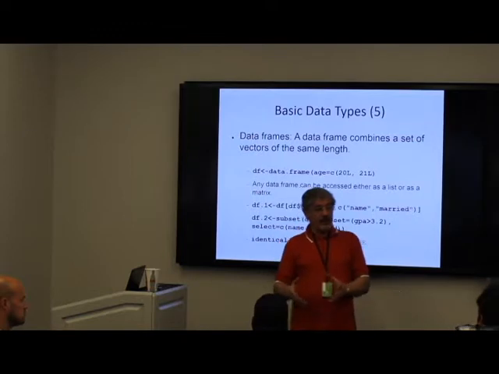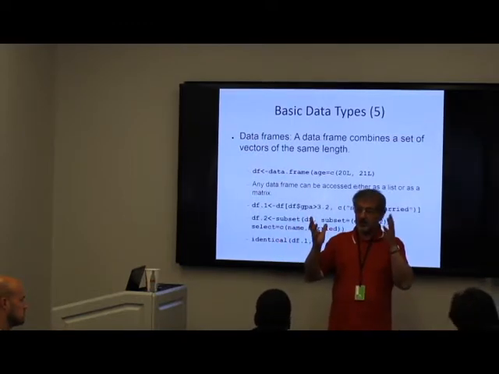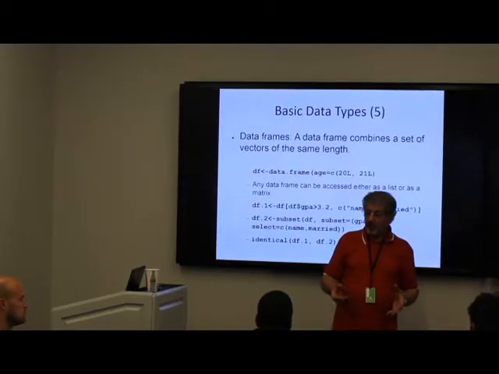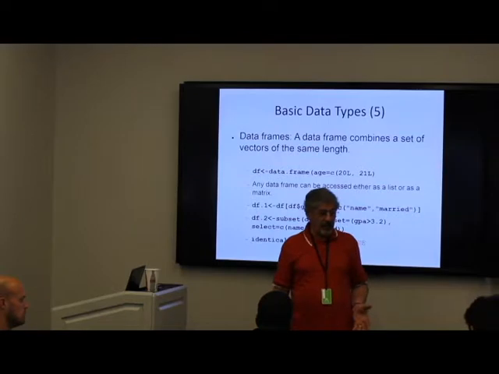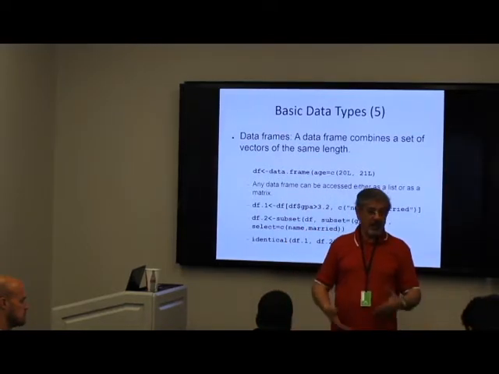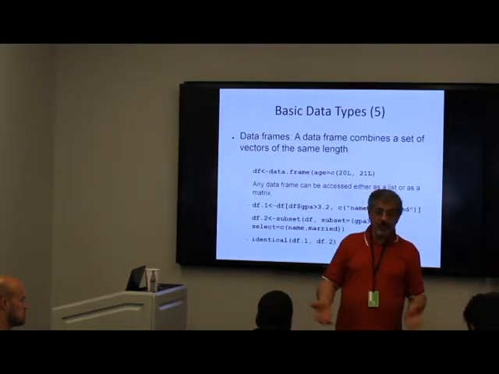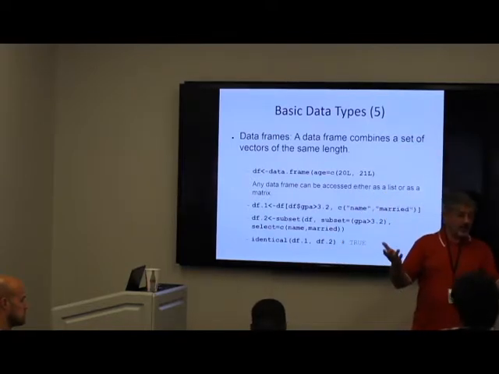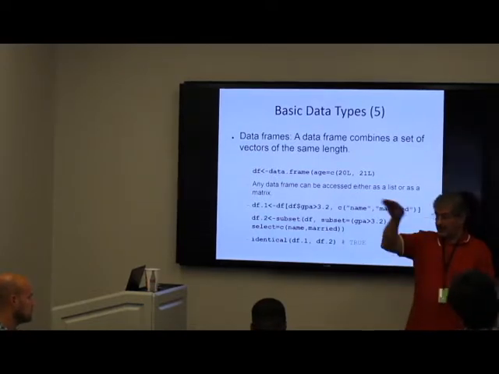Okay. The data frame is almost the basic standard inside R. R was made to manipulate data frames. A data frame is a table. If you were to think of an Excel spreadsheet, you have the columns and you have the rows, right?